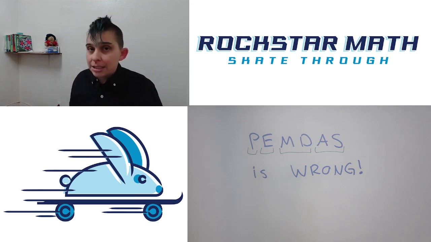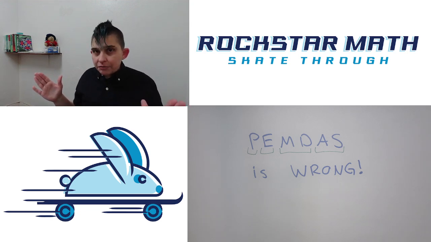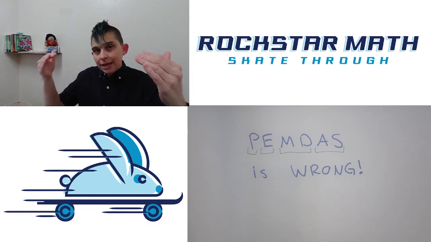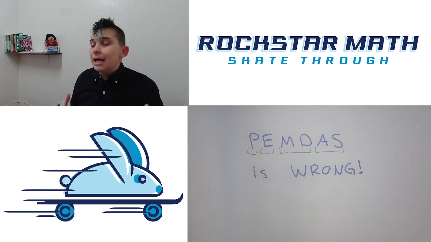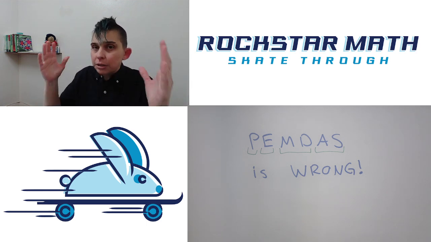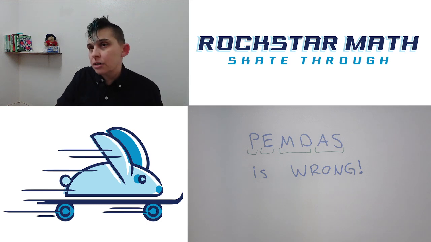Same thing with addition and subtraction. So you don't go through and do all the multiplication first and then do all the division. On the 3rd step, you're going left to right and doing all the multiplication and division. And then on the 4th step, you go left to right and you do all the addition and subtraction. Now, if for whatever reason the specific problem needs you to do them in a different order, that's what the parentheses are for. But outside of parentheses, that's the way it's universally understood.